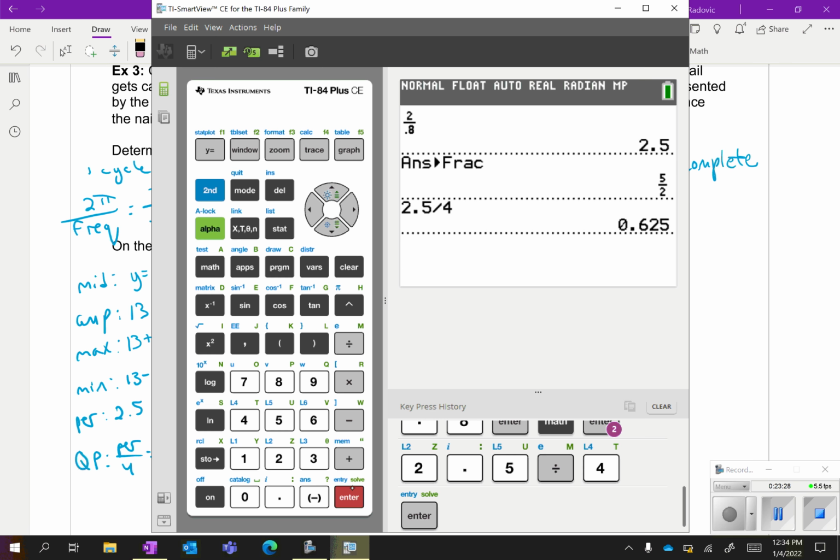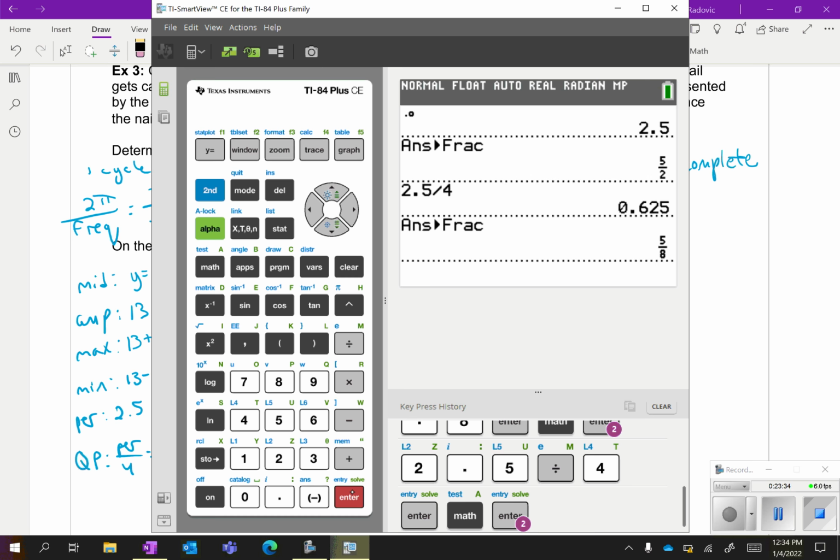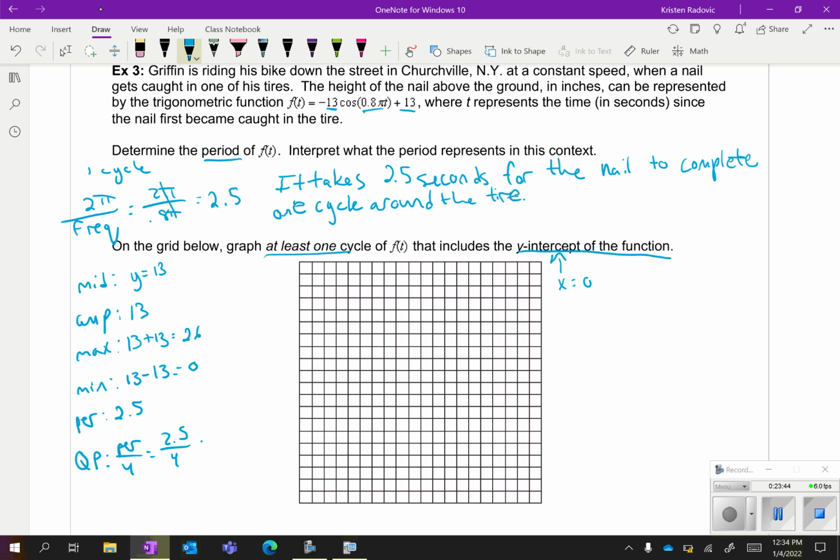It's going to be 0.625. Let's see if that's nicer as a fraction. Not really. So I would stick with the decimal just because it's easier. I just wrote that wrong, didn't I? Yes, I did.